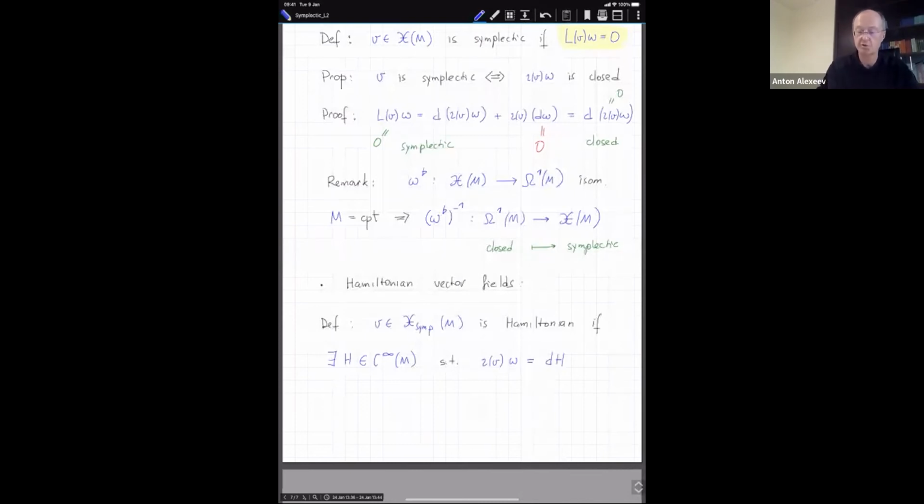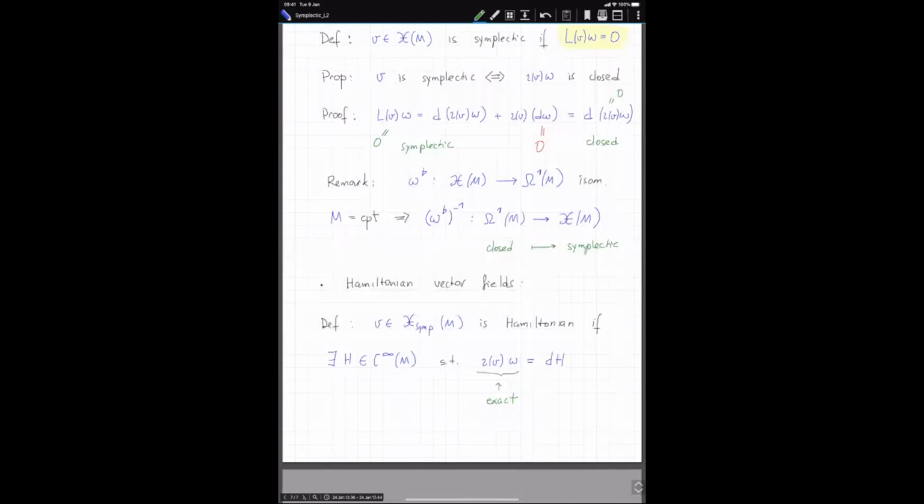So to rephrase it, we know that if our vector field is symplectic, this one form should be closed. But now we want it to be exact.